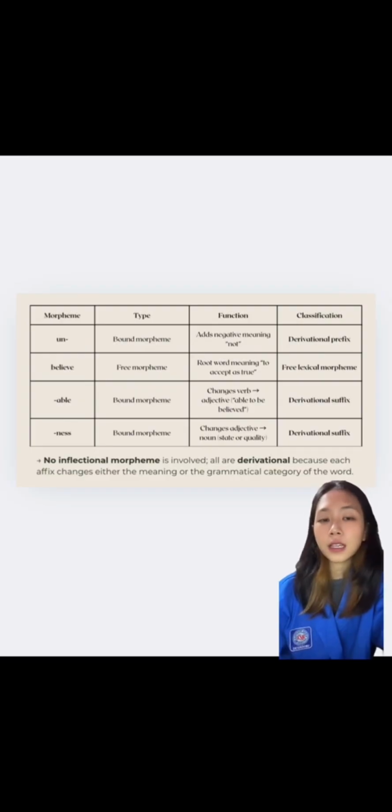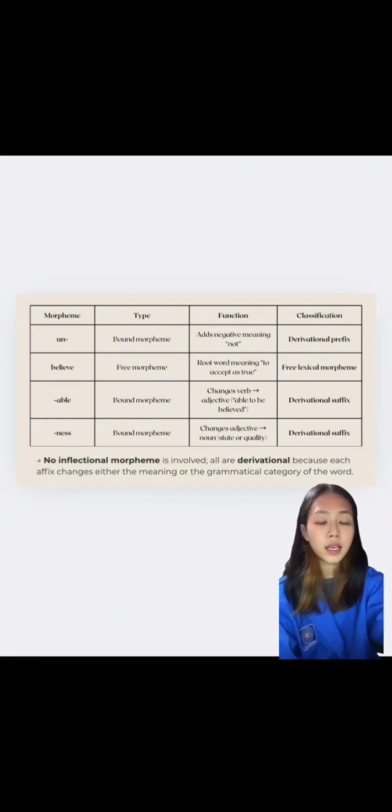All of these are bound or free derivational morphemes. They are non-inflectional elements. This slide explains that no inflectional morpheme is involved. All are derivational because each affix changes either the meaning or the grammatical category of the word.